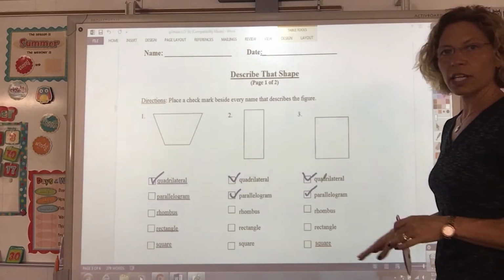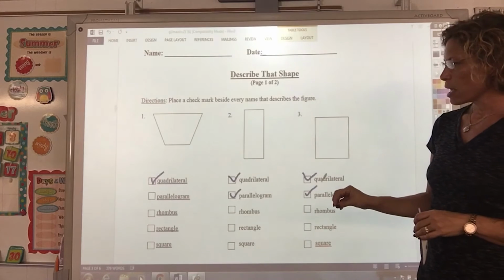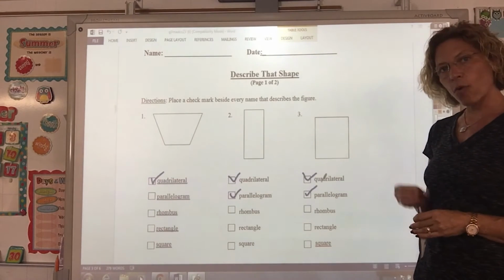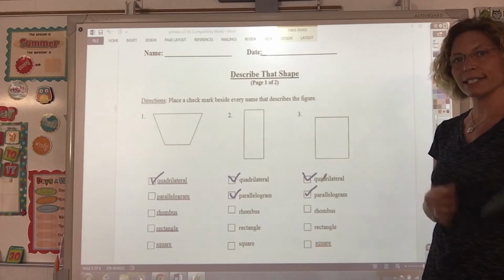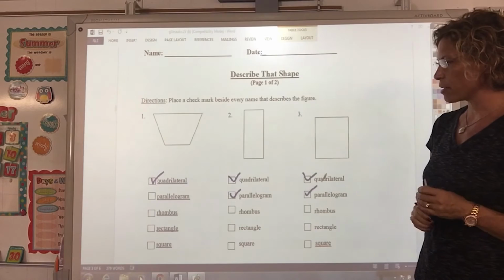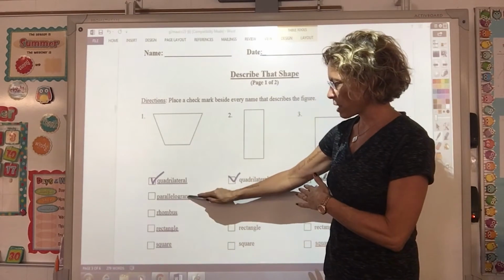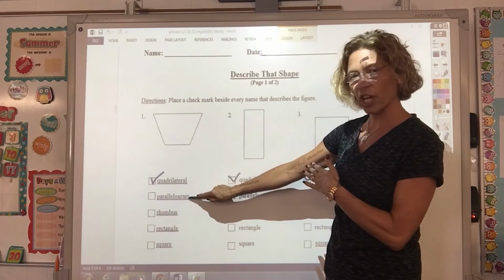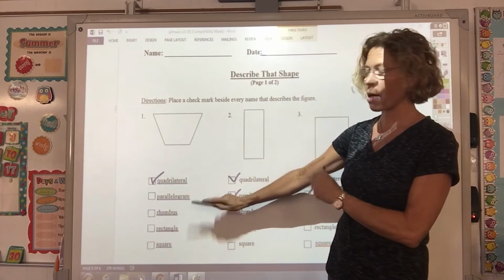So now we're looking at, is it a rhombus or not? And we know that a rhombus is a parallelogram that has four congruent sides. And I know I haven't really talked about congruent, same size. So I'll get to that. But we're just going to look today at a rhombus is a parallelogram. Well, we know this shape, trapezoid, is not a parallelogram, so it cannot be a rhombus.